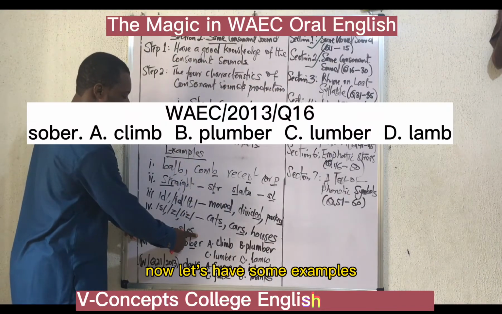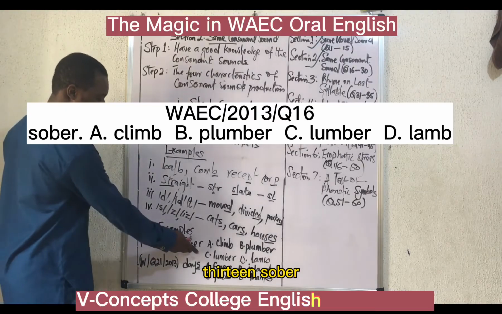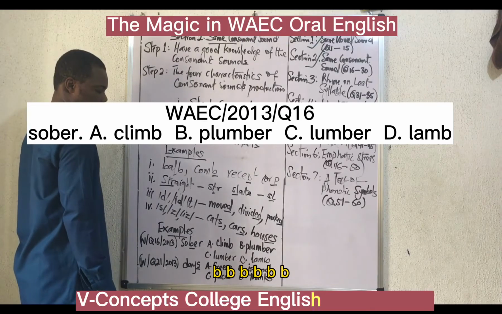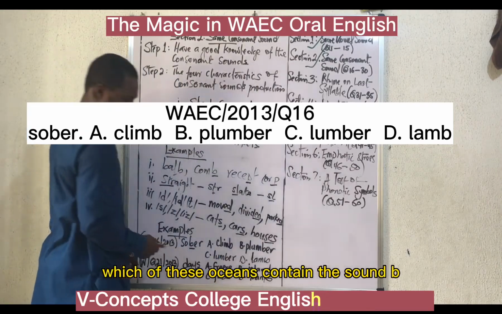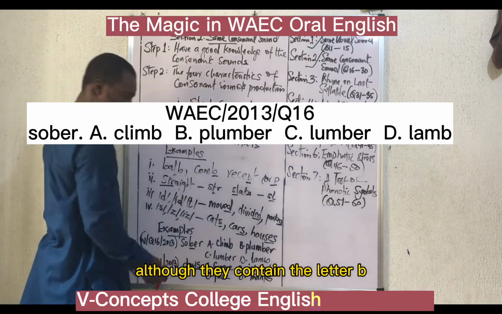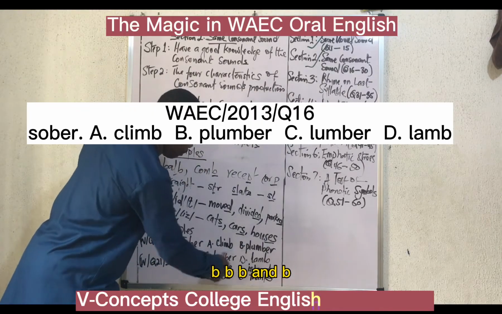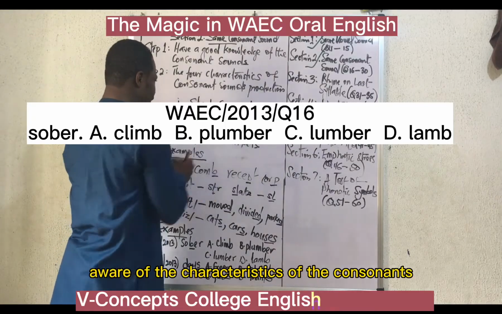Now, let's have some examples. Question 16, 2013: sober. The underlined letter is B with the sound B, a plosive sound. So now you ask yourself, which of these options contain the sound B? Although all the options contain the letter B, you have to be aware of the characteristics of the consonant.